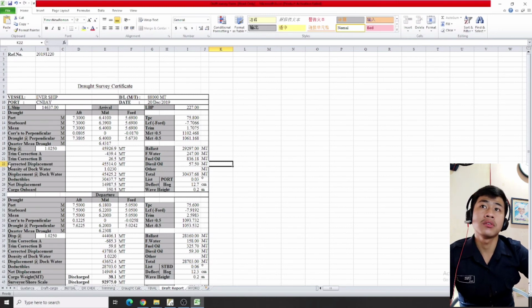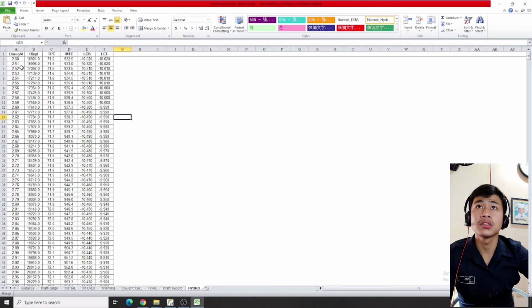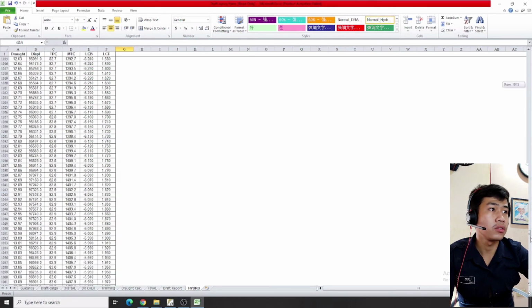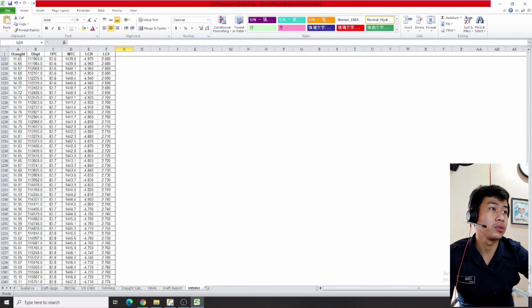I have no idea at all about this. And this is the draft and its displacements, TPC, MTC, LBC, and I guess it's 1 to 1300 O2.